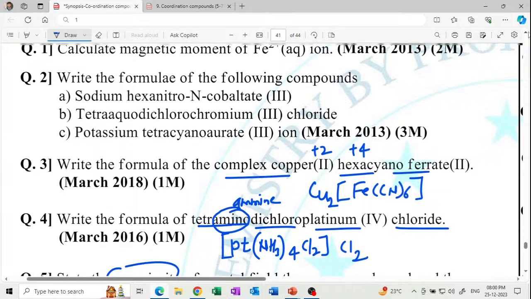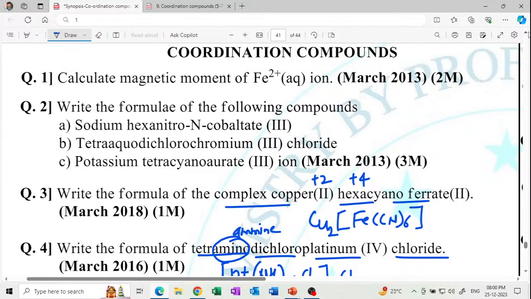Next is: write the formula of the following compounds. Write the formula of the following complex. Sodium hexanitro, sodium, so this is Na, hexanitro-N cobaltate, so this is cobalt, hexanitro-N, so this is the NO2, hexa 6.